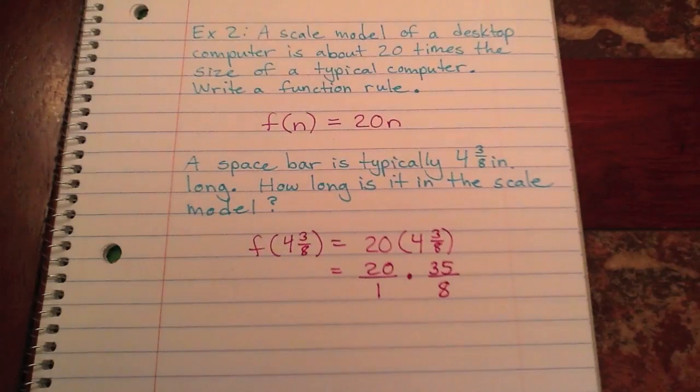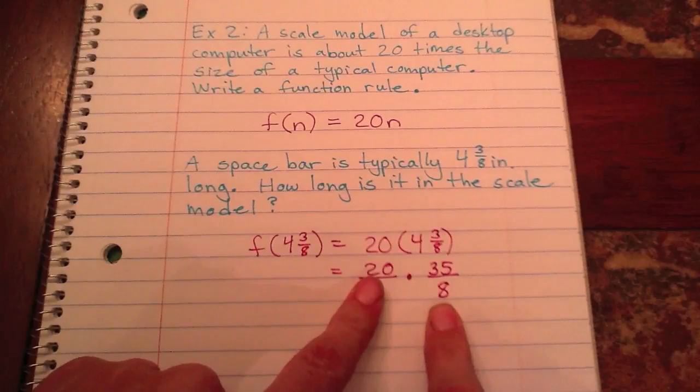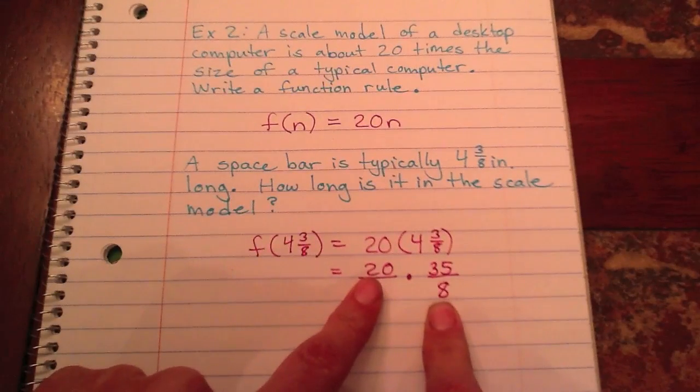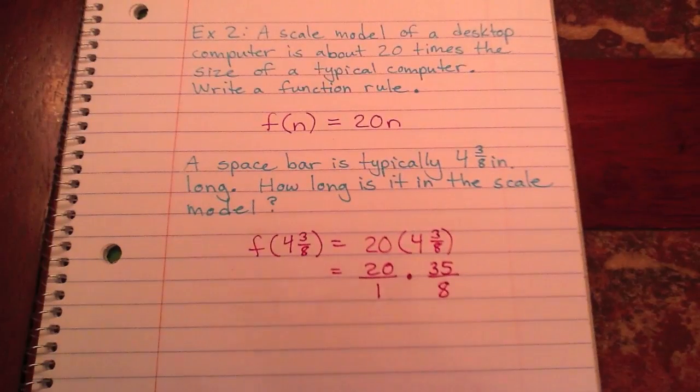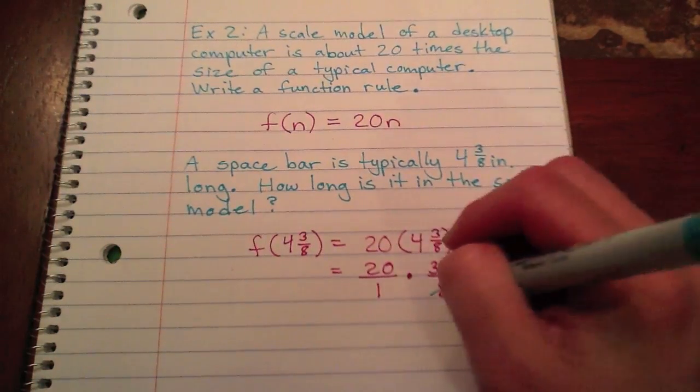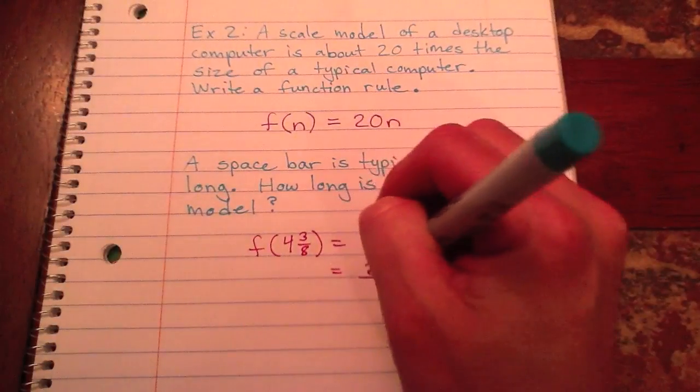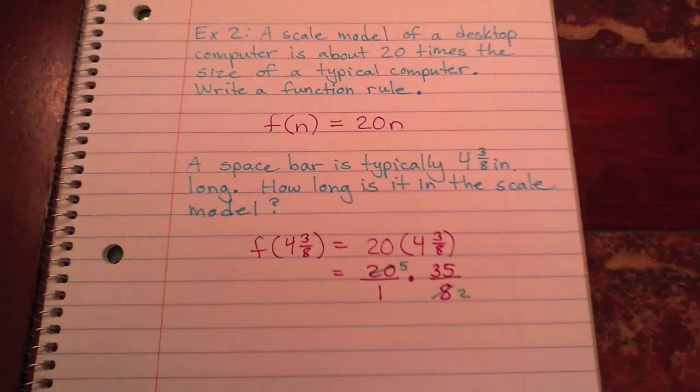Now from here, I like to keep my numbers smaller whenever I can, and I notice that both of these are even, so I know 2 goes into them, and then when I look a little further, I also notice that 4 goes into both of them. So I'm going to go ahead and do some simplifying here, and I'm going to say 4 goes into 8 twice, 4 goes into 20 5 times, and now I have a much smaller number to multiply and deal with.